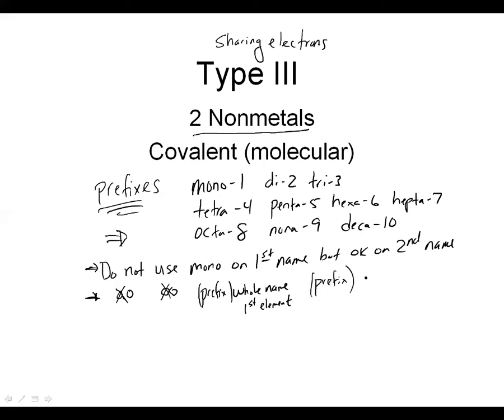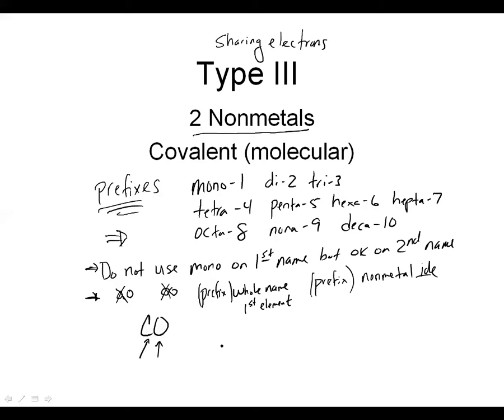And the second element ends like normal, the nonmetal with the IDE. So the first element gets its prefix and whole name, and just like we've been doing on everything else, that second guy gets the IDE.